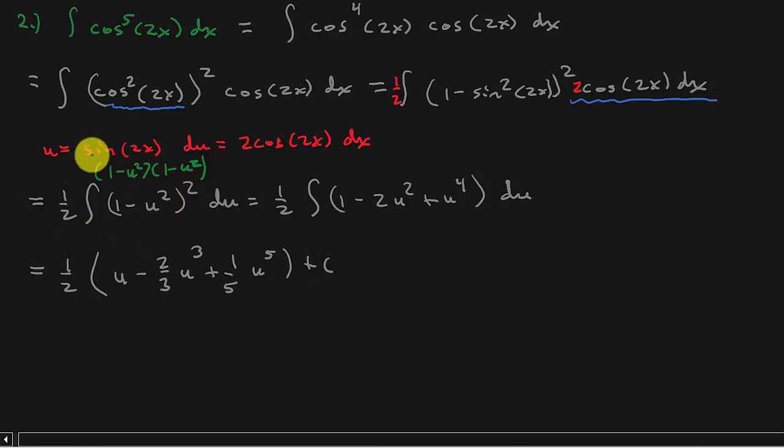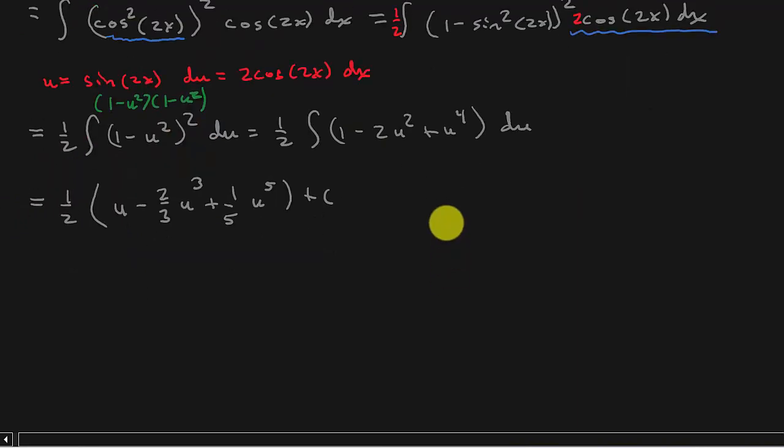And so now I need to substitute sine 2x back in for u. Let's go ahead and distribute the 1/2 first. 1/2 u minus 1/3 u cubed, the 2's cancel, and then plus 1/10 u to the 5th plus c.